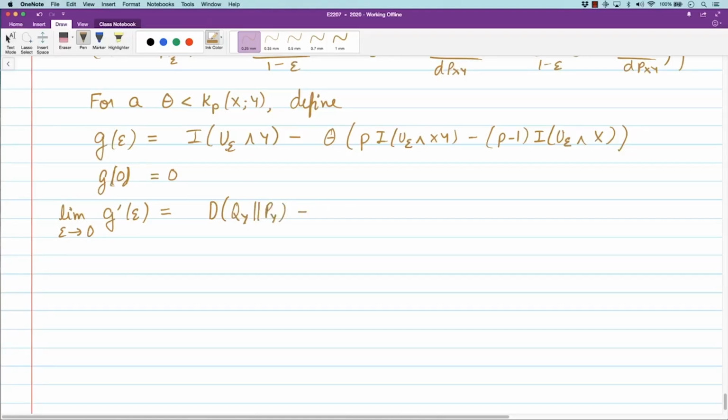So these divergences are actually the limiting values for this mutual information, and this you can validate very easily by differentiating and taking the limit. So all the mutual information terms become the divergence between corresponding distributions used in defining this.